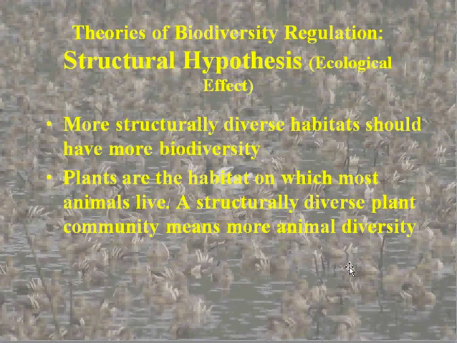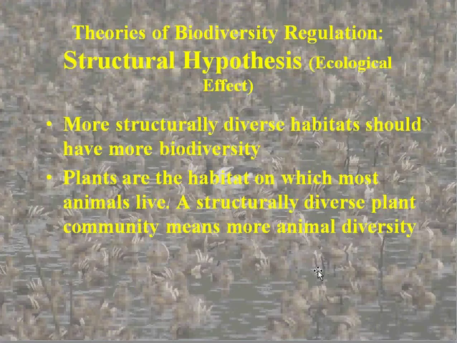So for instance, if you compare a forest to a grassland, now a forest has niches: the forest floor, the trunk of the tree, the branches of the tree, the tops of the tree, all very distinct, different abiotic habitats.